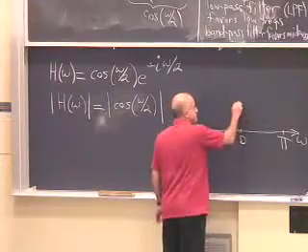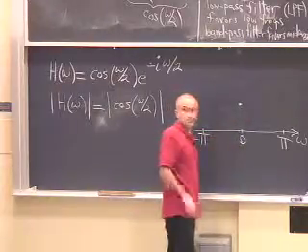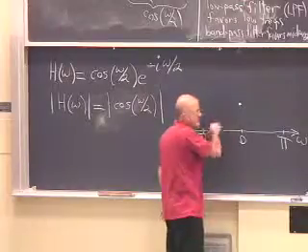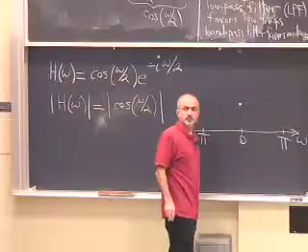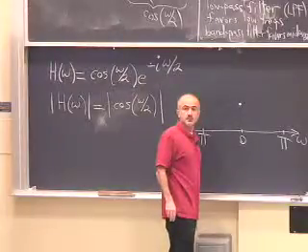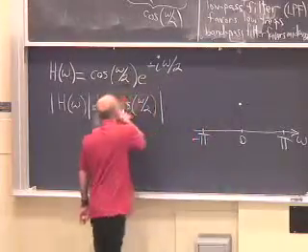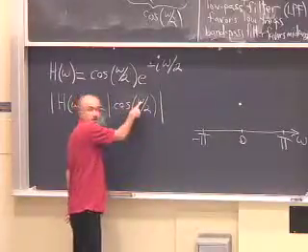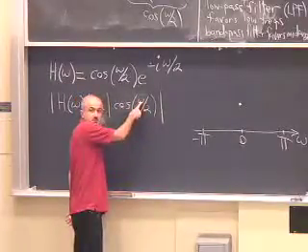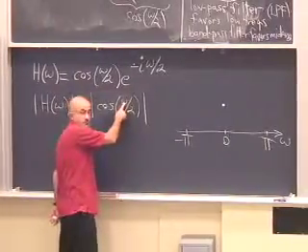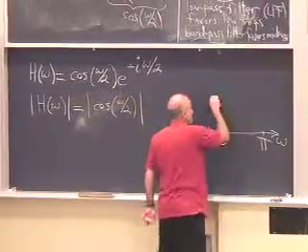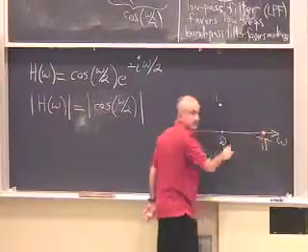It's 1. Let's not go into that level of detail. Tell me where you get to by the time you get to pi. Cosine of, when omega is pi, what do you get? Cosine of? And what's that? 0. So you know it's 1 here, 0 here.